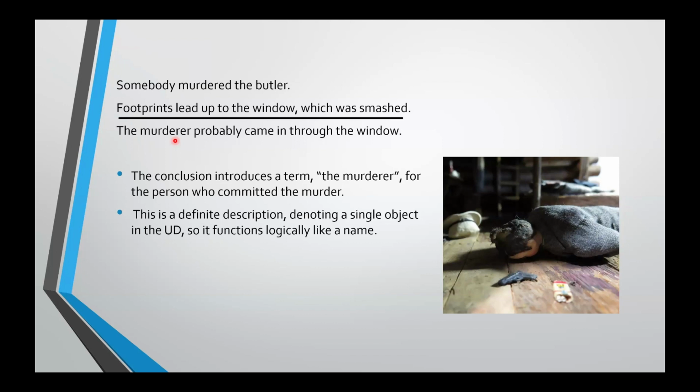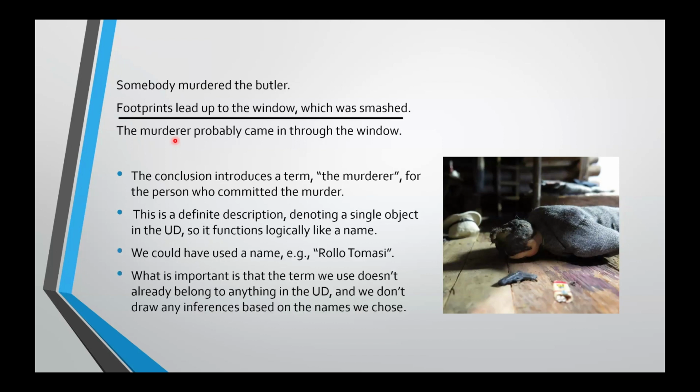Now, there are two things that are important for this particular logical move to be truth preserving. First of all, whatever term you use, whether it's a name or a definite description, it can't already belong to anything in the universe of discourse.